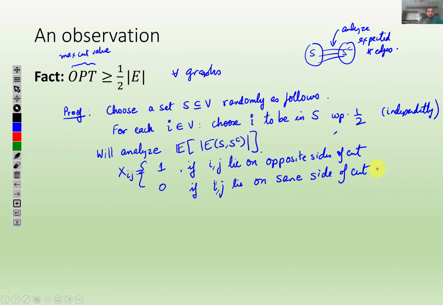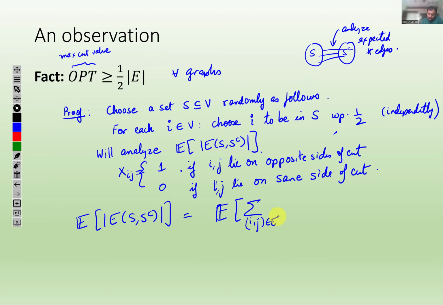And what I'm interested in, the expected value of the edges going between S and S complement, is nothing but the expected value of the sum over the edges of x_ij, which is an indicator random variable.